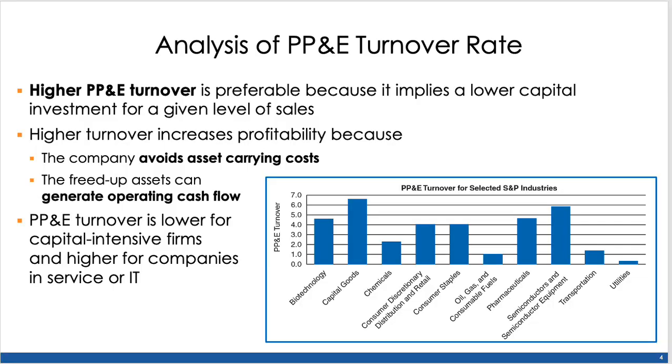You'll notice that PP&E turnover is lower for firms in very capital intensive industries like oil and gas, utilities, even telecommunications. We have to build an enormous network in order to realize incremental income. And so you can compare industries there, right?